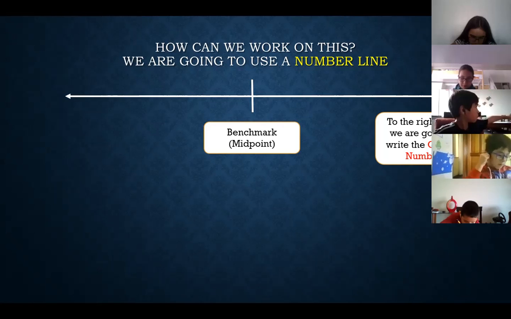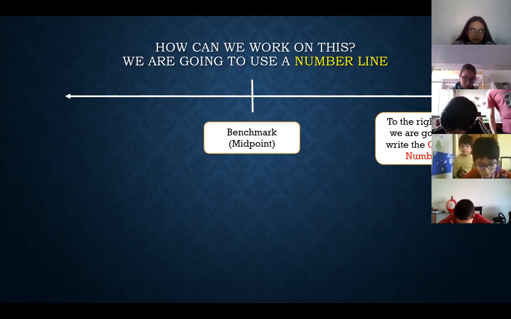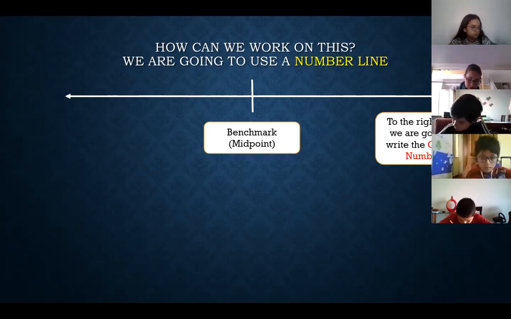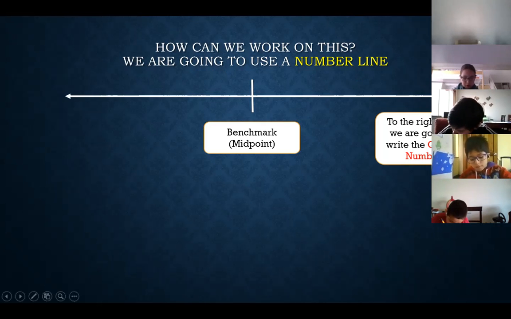Okay, so how are we going to use this? We are going to put our amounts on this number line, and in the middle we are going to put the middle of the number. For example, if my book has 432 pages, I'm going to write 400 on one side and 500 on the other side.